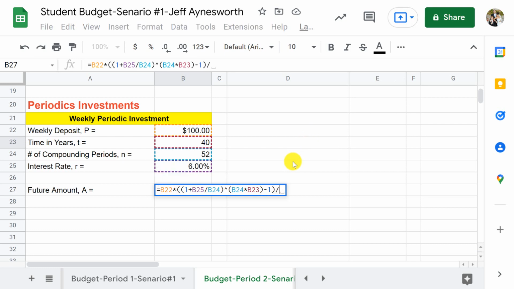Now divide it, and then parentheses again, R divided by N. So R is 6%, divided by N, which is in B24, parentheses. And if I did it correctly, a number will appear. If you don't do it correctly, it's going to say invalid or error. So I'm going to hit the return button now.